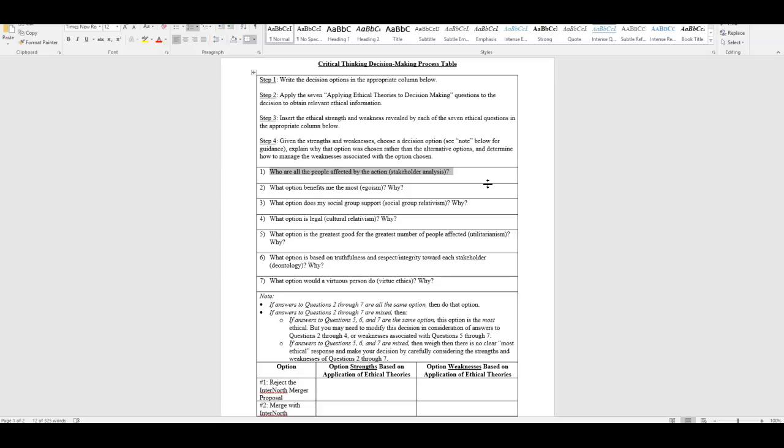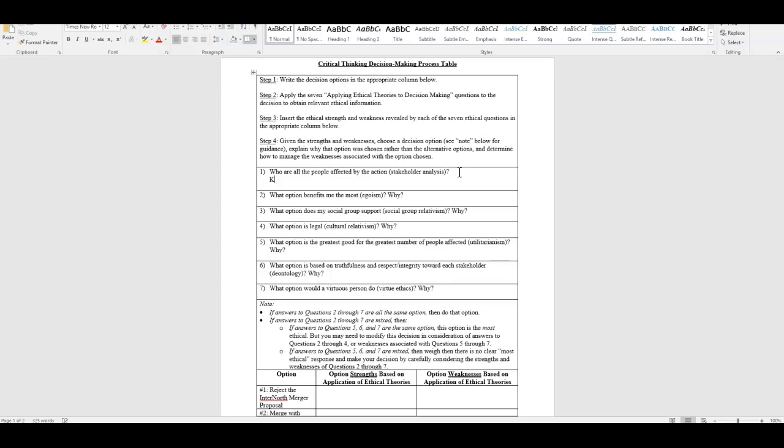It impacts your employees. It impacts your executives. So it has a huge impact on a lot of different people. Just list them here in this particular box.